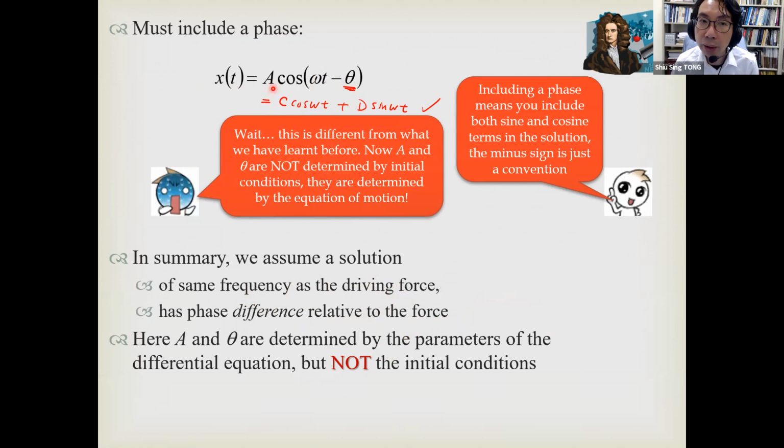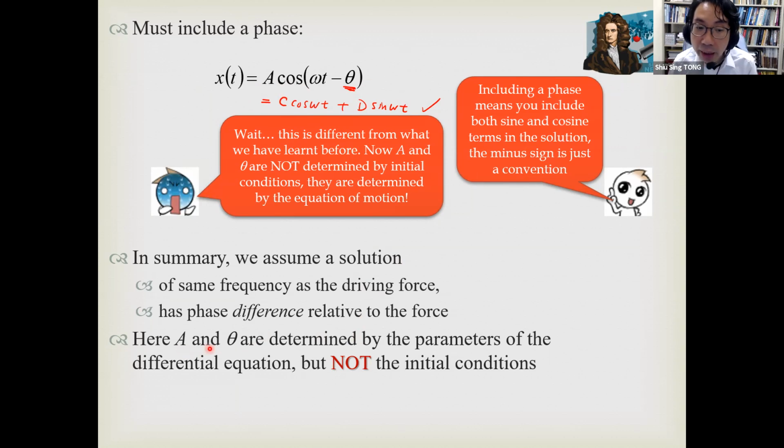If I write the solution in this form, and when I was talking about a simple harmonic oscillator, then A and theta are determined by the initial condition. Is that right? The initial velocity and the initial position. The two initial conditions will determine these two constants. That's what we have done in the simple harmonic oscillation at the beginning of this chapter.